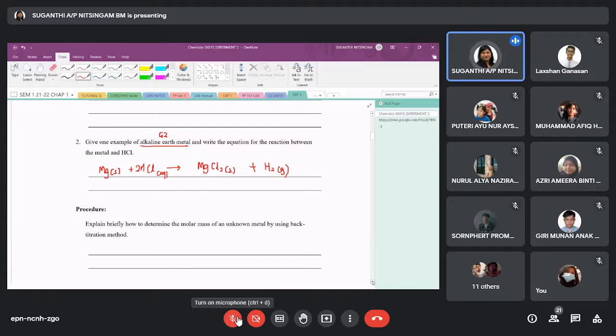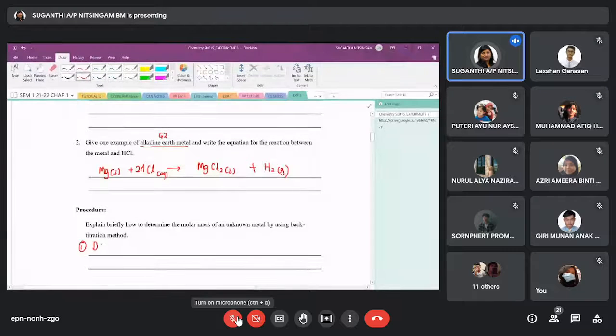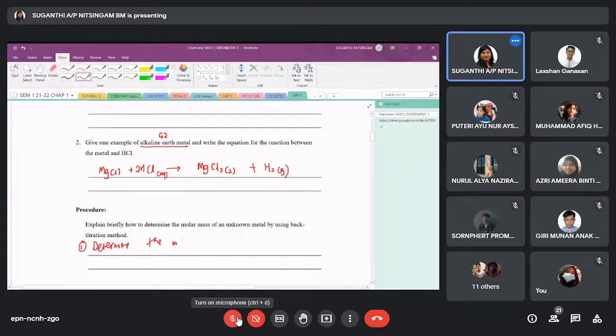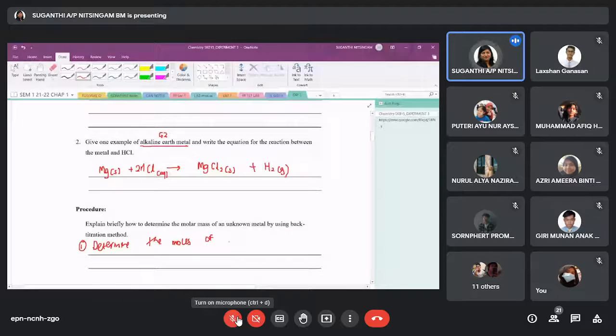So this one also, through your experiment, you can look first. What you will do first is, you will determine the moles of the acid. First, you will determine the moles of the acid. This is your initial, before the reaction takes place.